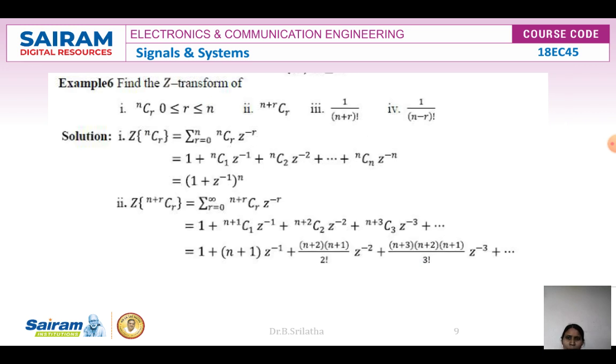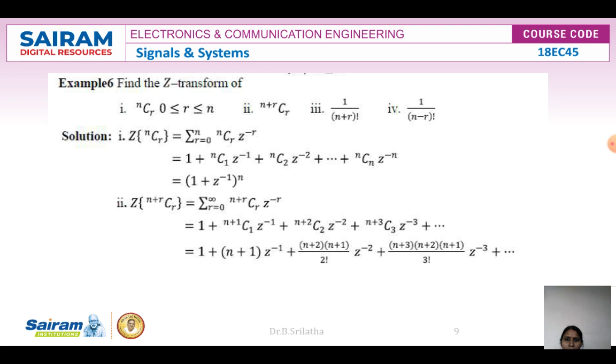Now the last problem: finding the Z transform of these three sequences. So nCr is nothing but r from 0 to n, the summation of nCr into z power minus r. So we have the formula 1 plus nC1 plus nC2 and so on, which gives 1 plus z power minus 1 whole power n.